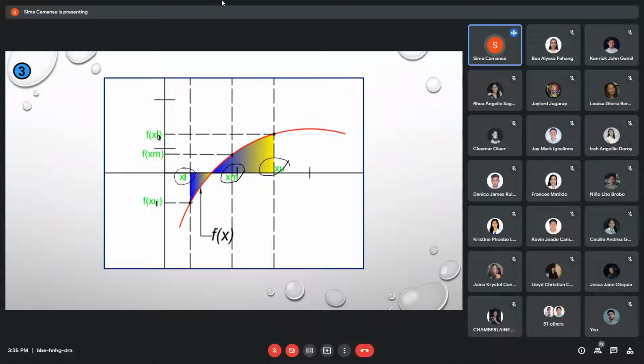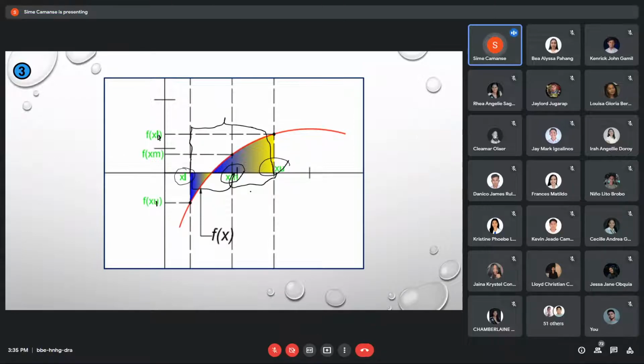Instead of the interval from xl to xu, it is now smaller, either xm to xu or xl to xm.